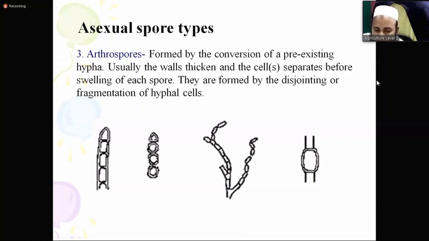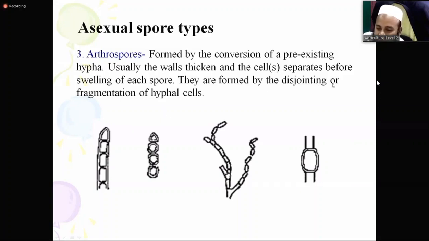In that hypha, they convert. Usually, the wall thickens and the cell separates before swelling of each spore. A cell becomes separated, and after separation, it swells and bulges.